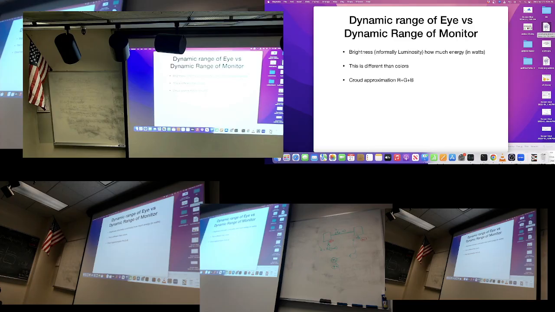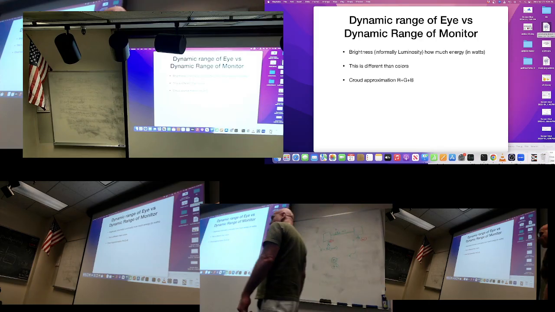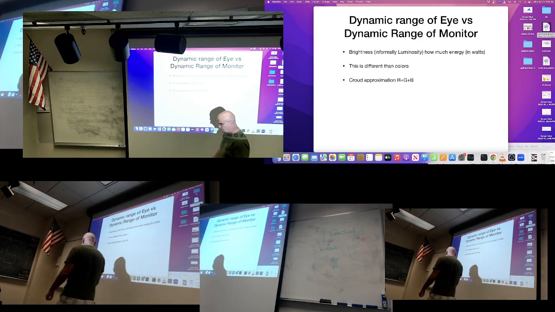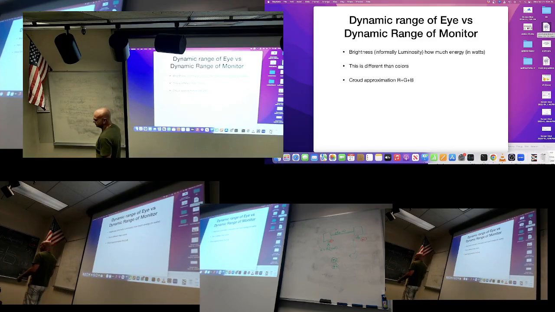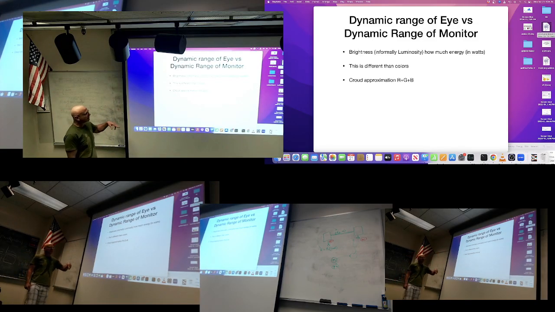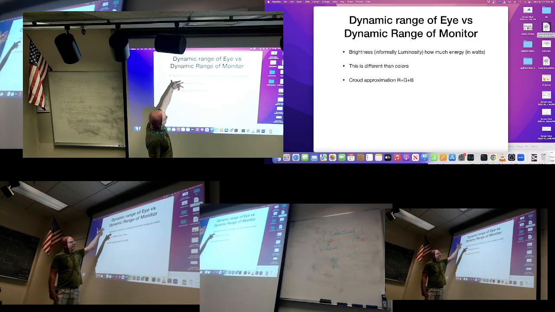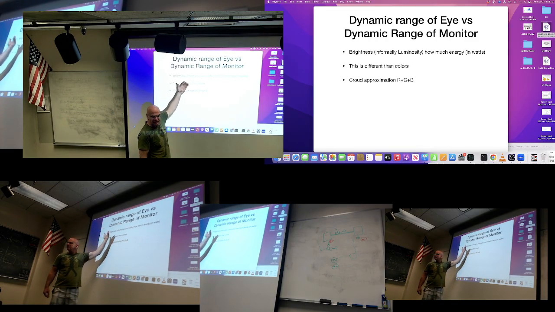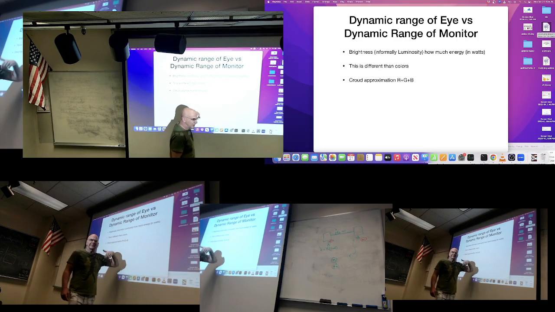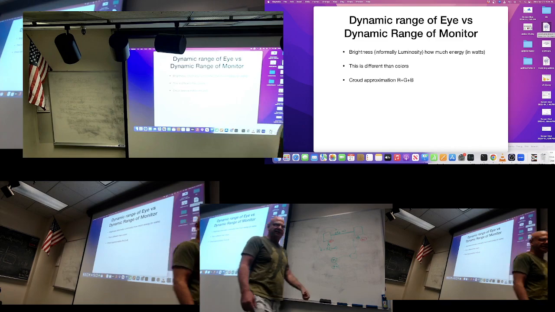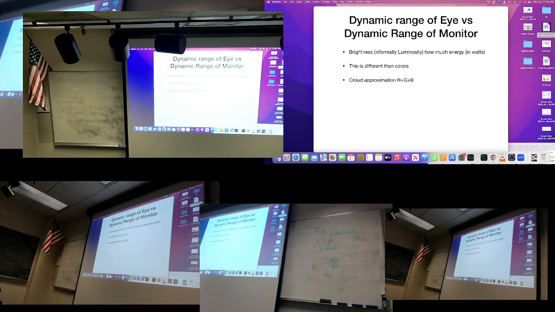I will use a few terms that are not exactly the same, like if you're a physicist, so bear with the level of inaccuracy. I will talk about brightness or luminosity or intensity, and I'll refer to it as the same thing. And it's not. But it's how strong a pixel is. How strong is the light for a pixel.